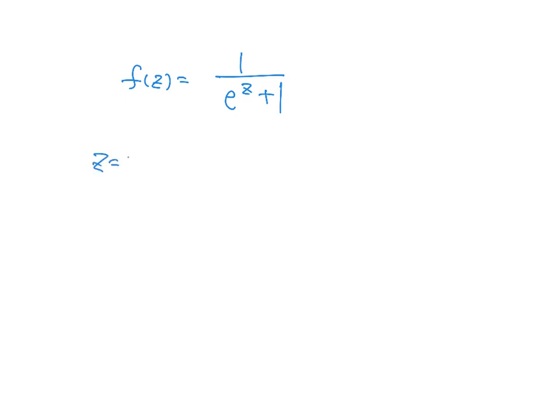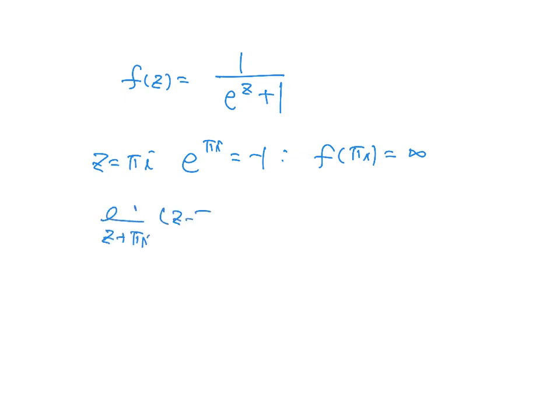When z is pi i, what happens? Exponential pi i is minus 1, right? So f(pi i) is infinite. On the other hand, (z minus pi i) over exponential z plus 1, we can apply the L'Hopital's rule. It is minus 1, just B1.